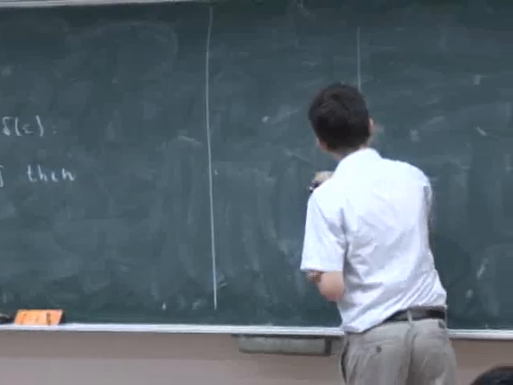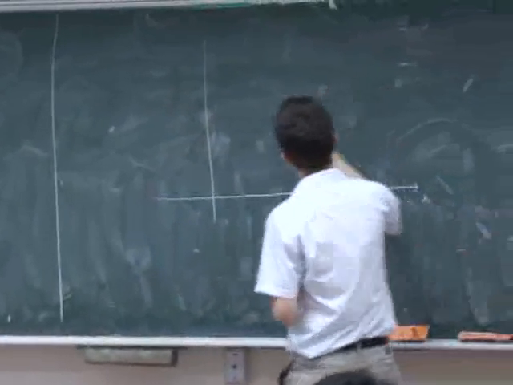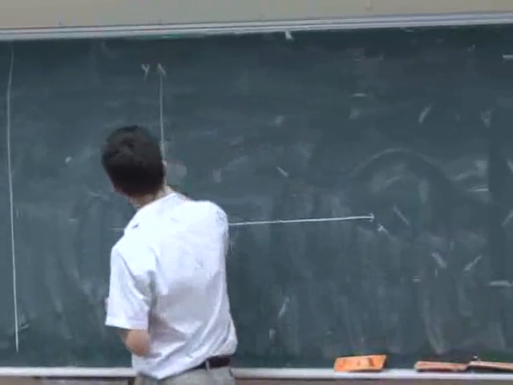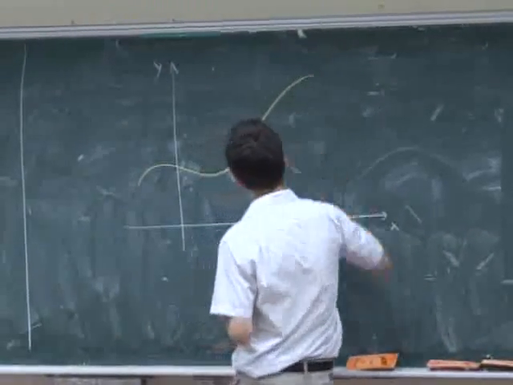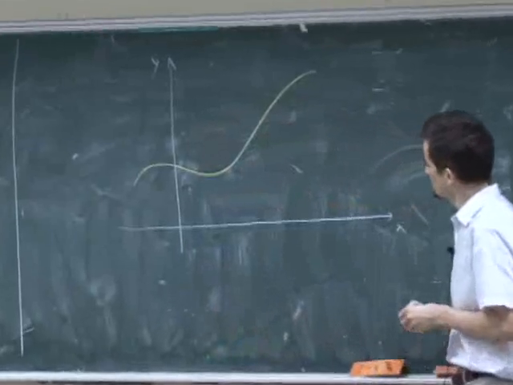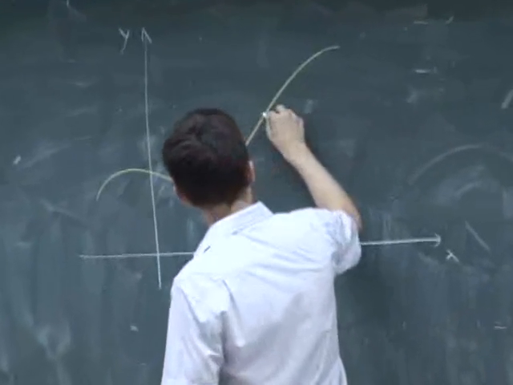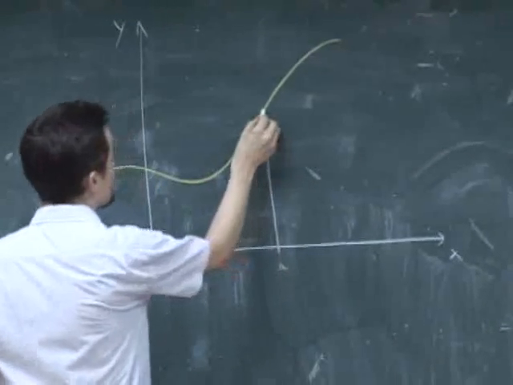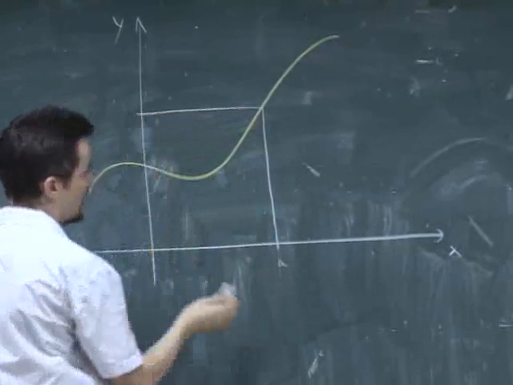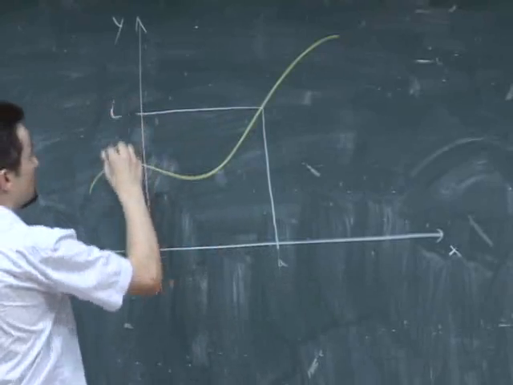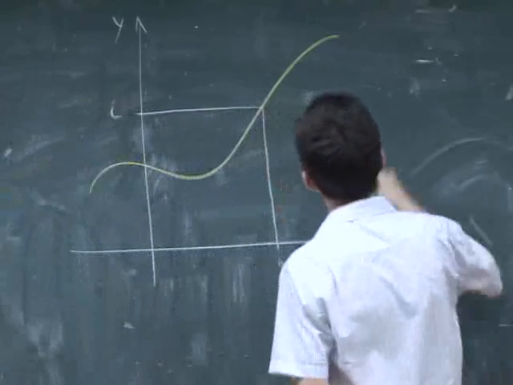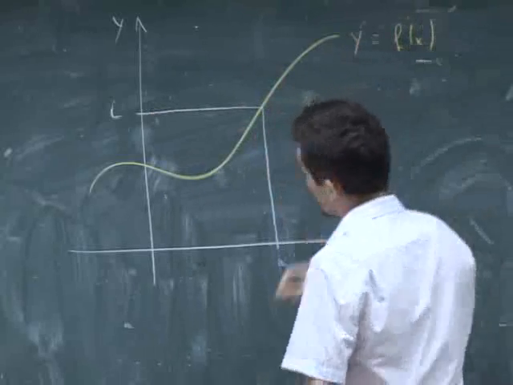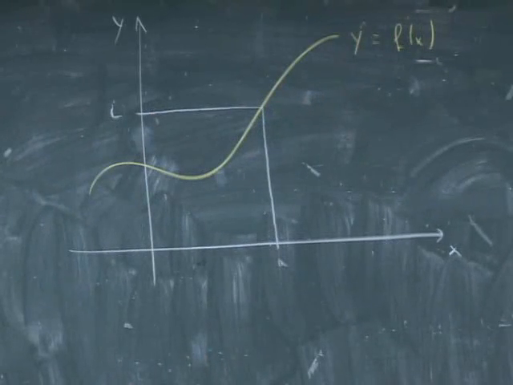So let's plot any function, and maybe let's say this is our a here. Now from this graph we already see that as x is approaching a, our function value will approach L, which is this number here. Okay. Now what does this definition mean here?